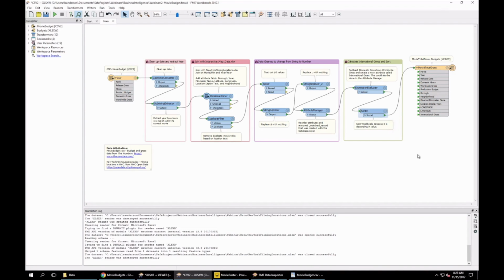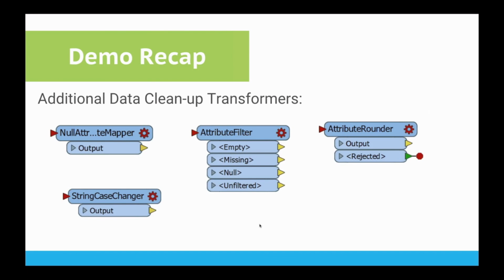I can run those through a string case changer and change them to camel case or all lowercase if I wanted to. The attribute filter: I can filter by different attributes, and it creates different output ports for any of the filtering, so I can do different analyses on different outputs. And the attribute rounder is really good for dealing with numerical values if I wanted 2 decimal places or no decimal places.